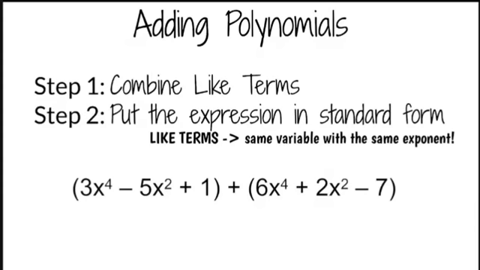The negative 5x squared and the 2x squared are like terms. Then the 1 and the negative 7 are like terms. Make sure that you are remembering to bring the sign with them when you are combining and not just taking the number. So you have to make sure you take negative 5x squared and 2x squared with you when you combine.